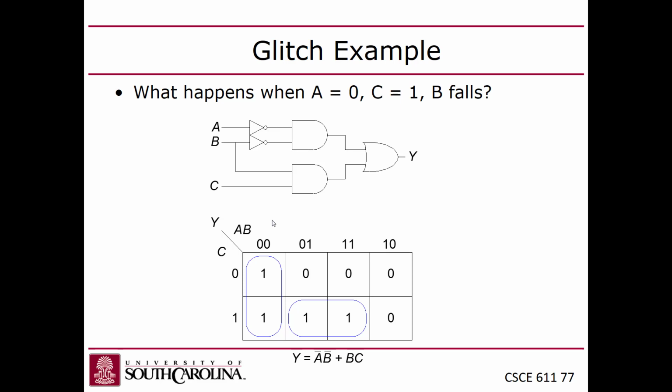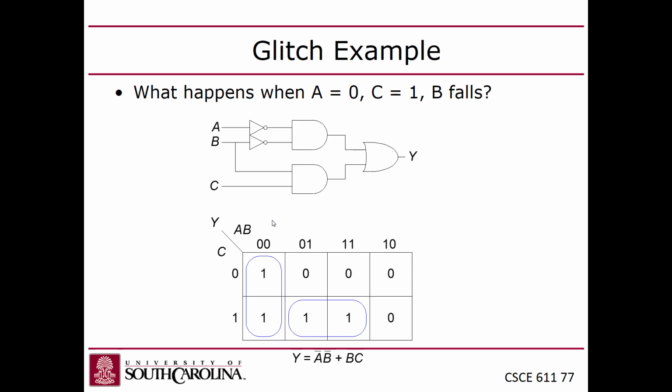Then I'm going to make the change, and this guy is going to go to 1, but he's going to be lagging behind because of the extra delay that this inverter imposes on its input. So what's going to happen is you're going to have 0 and 1. I change B. This guy's going to flip to 0 really fast before this top one flips to 1. Make sense?